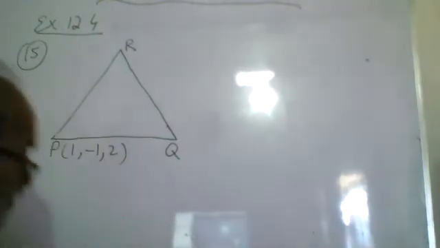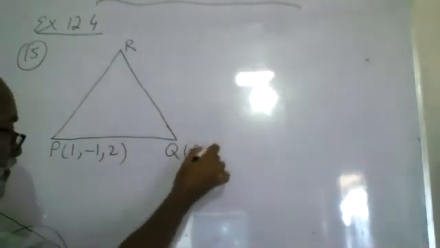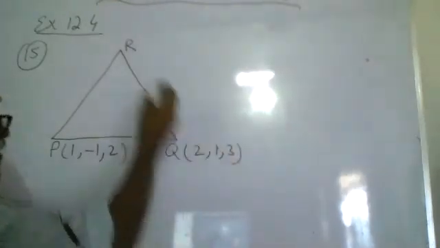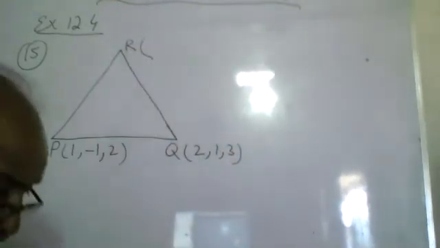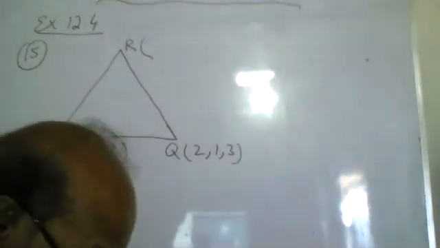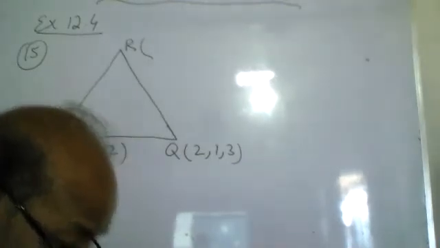Coordinates of Q are 2, 1, 3. Coordinates of R are -1, 2, -1.